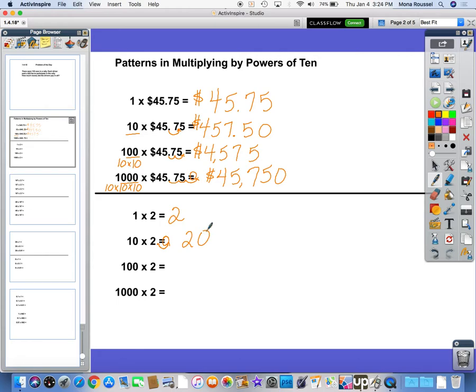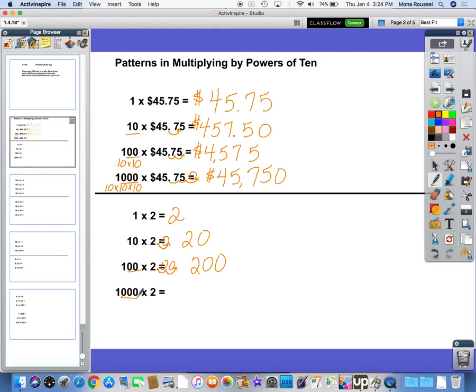We know that 100 times 2 is 200, but again, let's think about it in terms of a decimal. Since we're multiplying times 100, we're moving the decimal 2 times to the right. Again, the decimal starts in the back. We move the decimal to the right 2 times, add 2 zeros in the empty spots, and the product would then be 200.